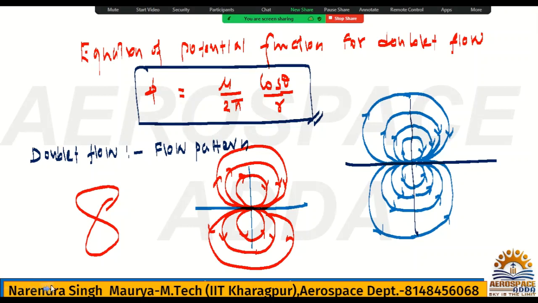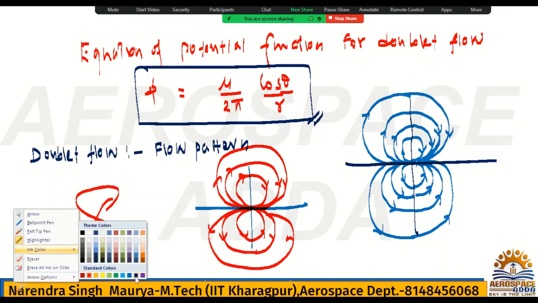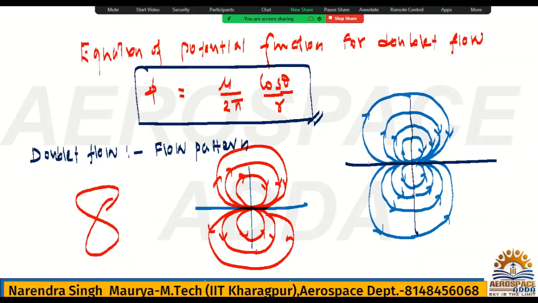If I say where is the potential line, so the potential line also you can draw. Potential line will be what? Perpendicular. Yes or no? It will be perpendicular to the streamline. So it is just like perpendicular. Check. This is the potential line.